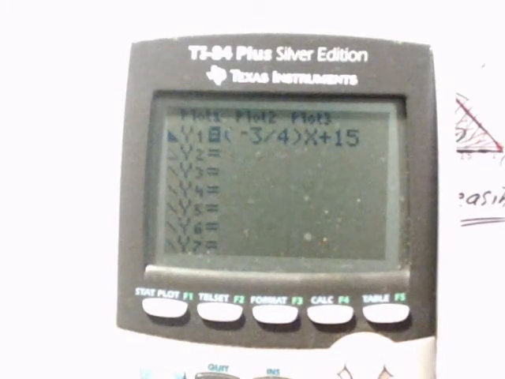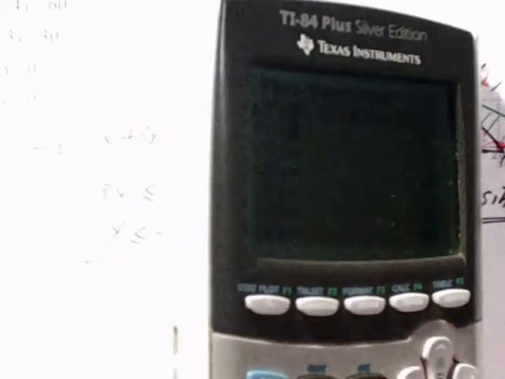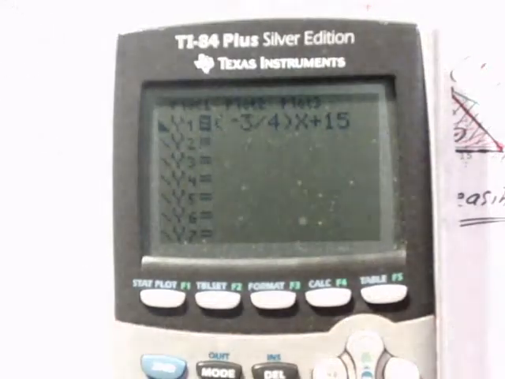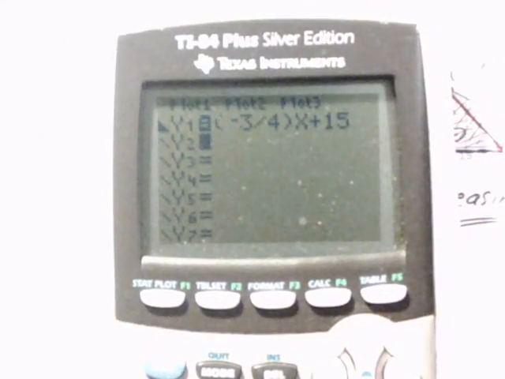The first one stays that way. Then we can do the second one. Second equation is negative 1/3 x plus 10. Negative 1 divided by 3 times x plus 10.